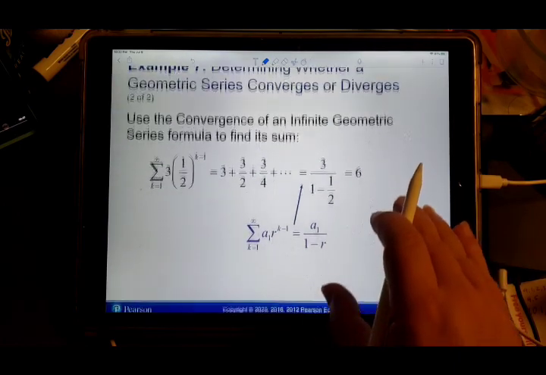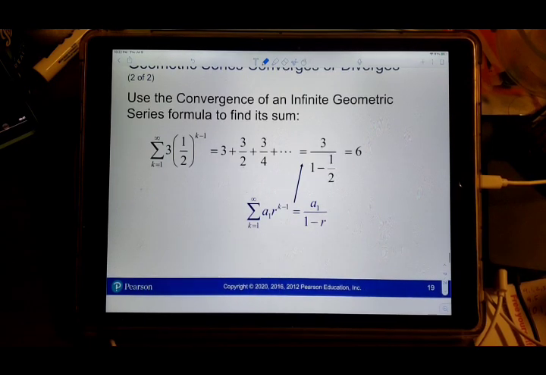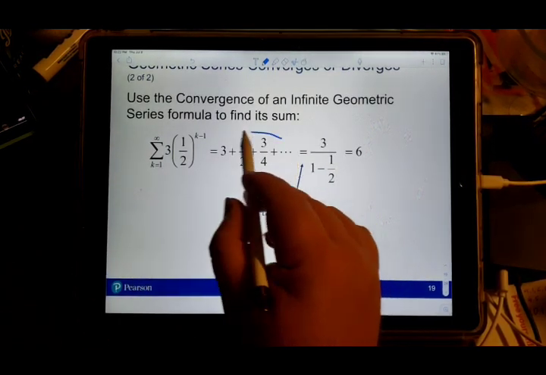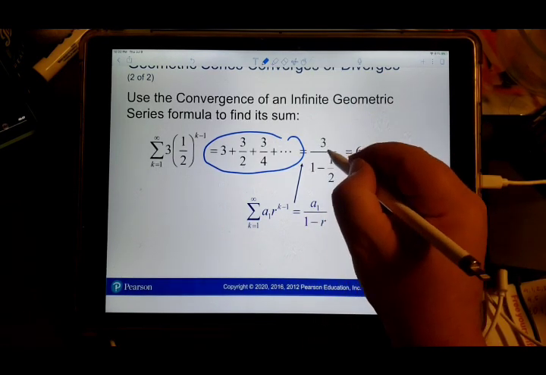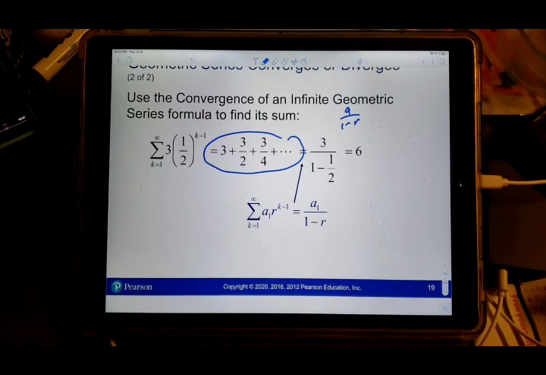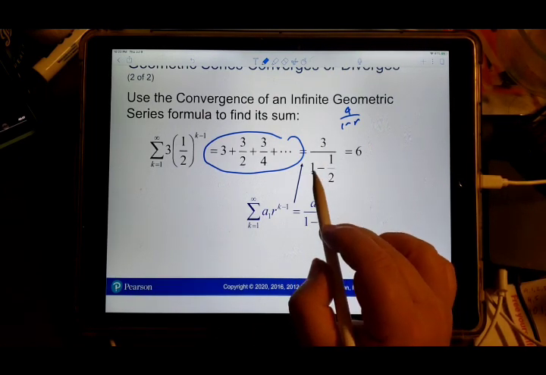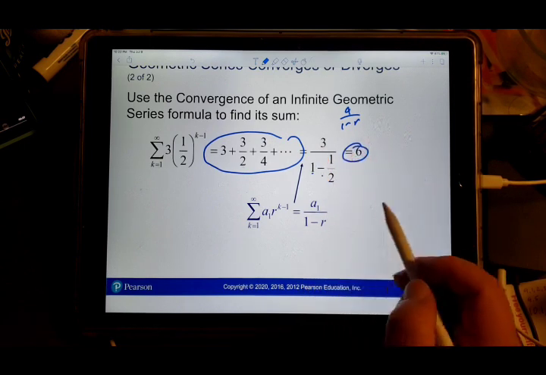It's not going to be some outrageous number. Here it is. The sum of this entire sequence out to infinity is, remember the formula, a over 1 minus r. So the first term over 1 minus 1/2. Well, that's just 3 divided by 1/2, or 6.